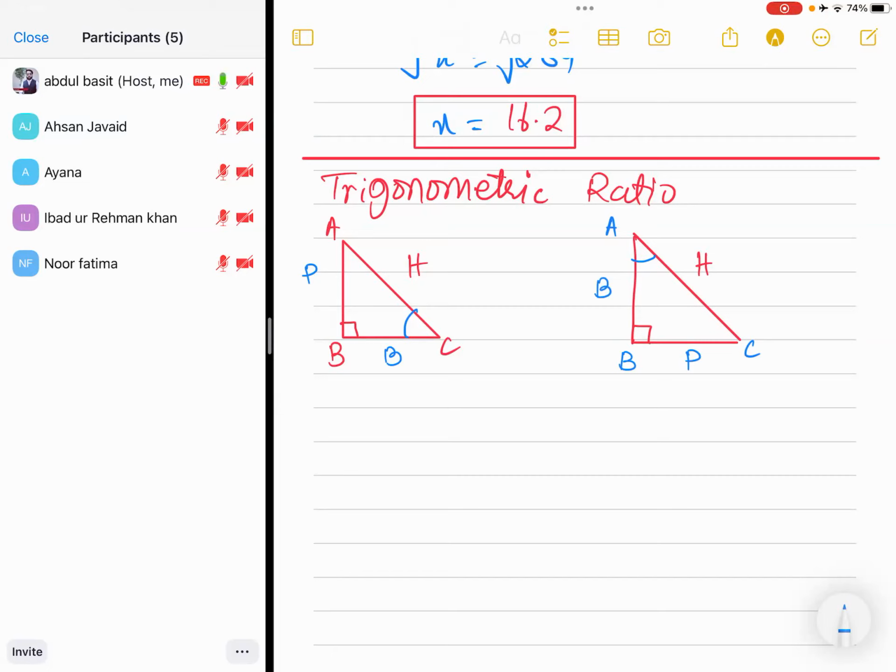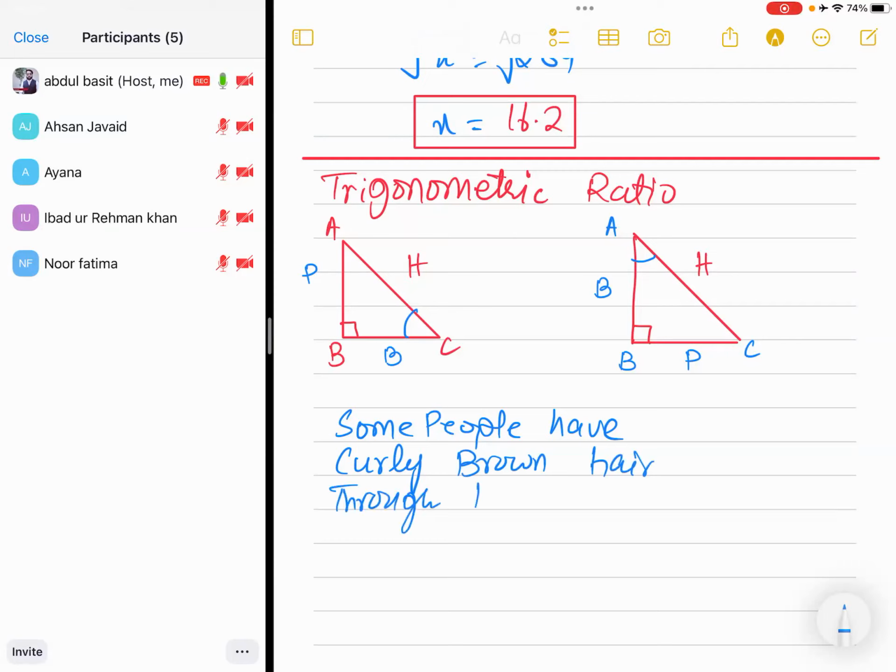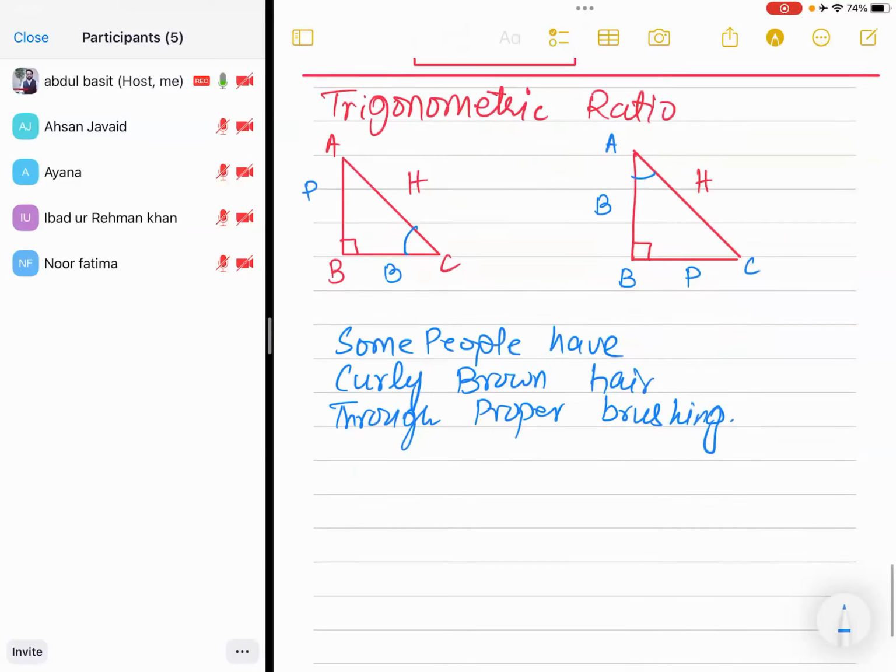So we have a sentence called: Some people have curly brown hair through proper brushing. So that is the sentence. What does it mean?